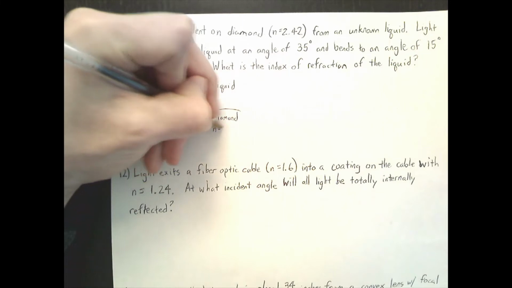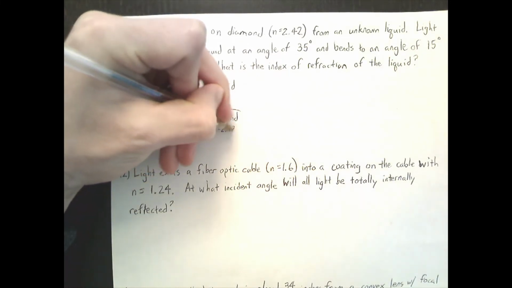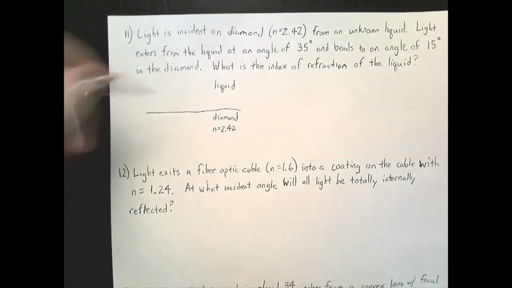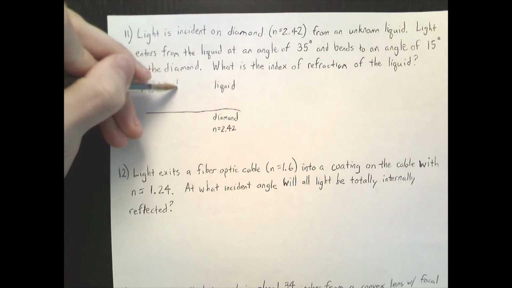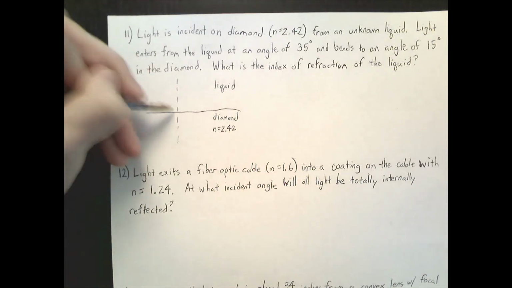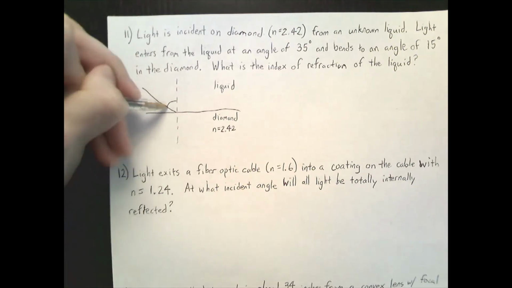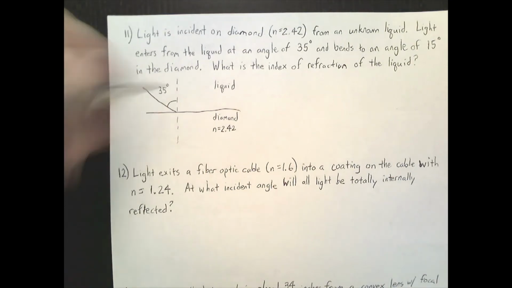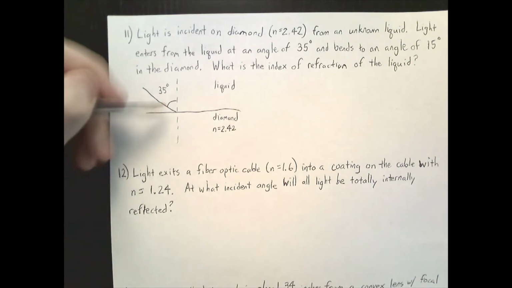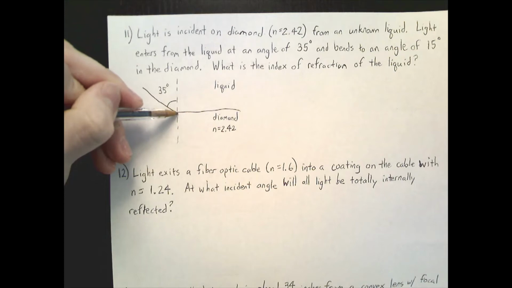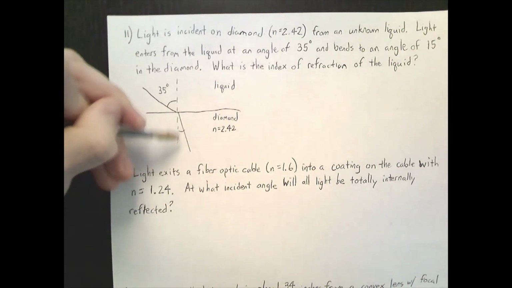Diamond has an index of refraction of 2.42. It's very large. And light is coming in at an angle of 35 degrees. All angles are measured from the normal, so our 35 degrees is coming in there. And it bends toward the normal in the diamond to an angle of 15 degrees.